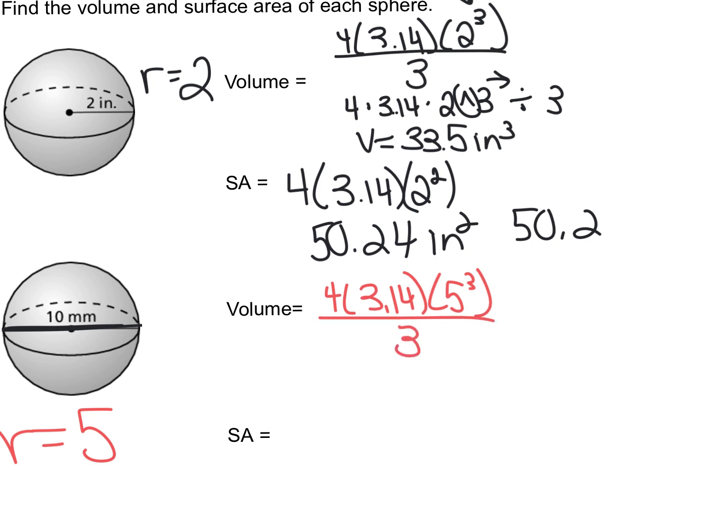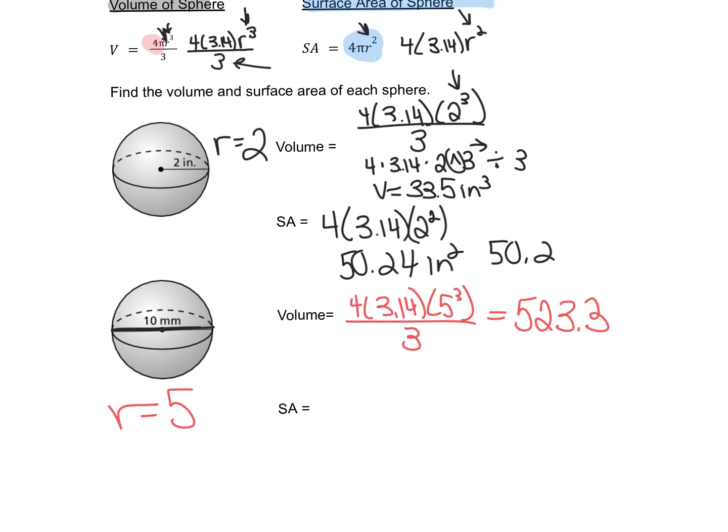Again, just being very careful when you use that cubed button that you arrow out of it before you divide by 3. And if you do it correctly, you should end up at 523.3 millimeters cubed.